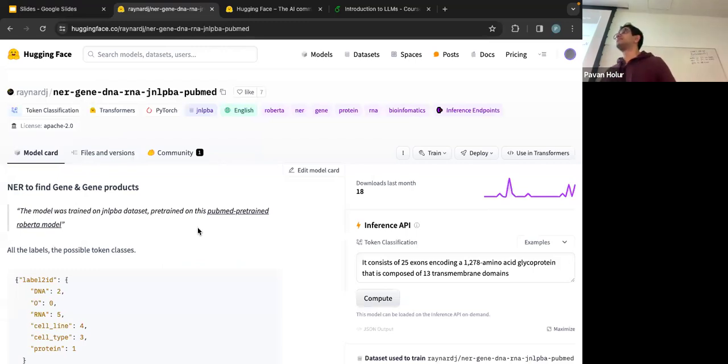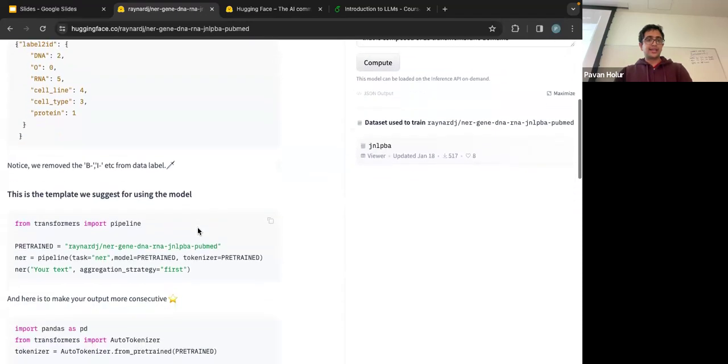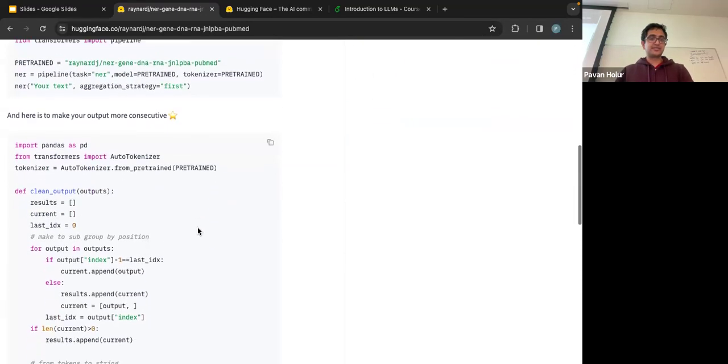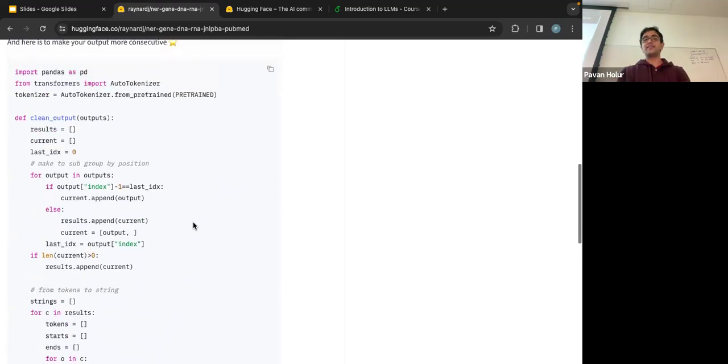I found this just by going through it. Of course, it doesn't have many downloads, but I played around with several to find this one that was quite interesting. And again, it gave me all the instructions to run inference, so it wasn't hard. They give you the code to run the model, so you don't really have to do much.